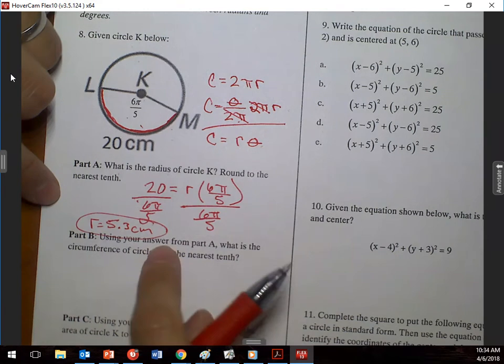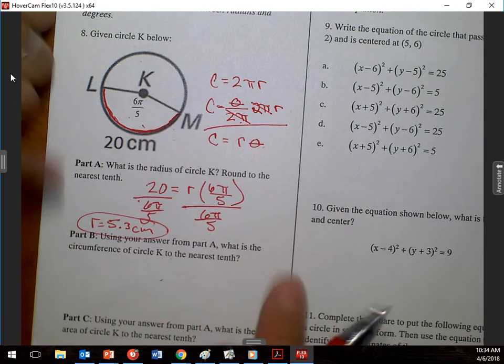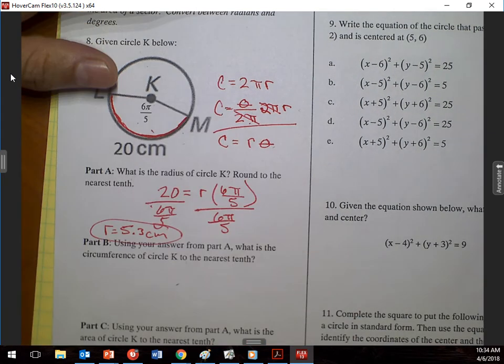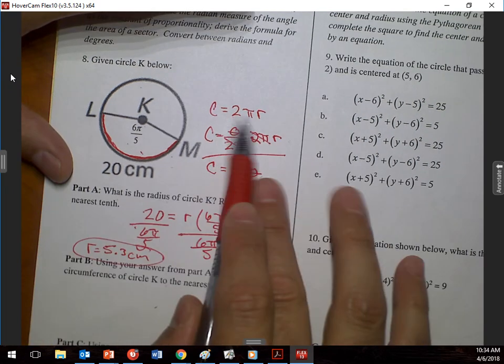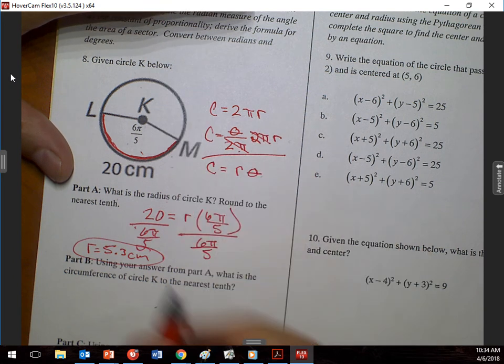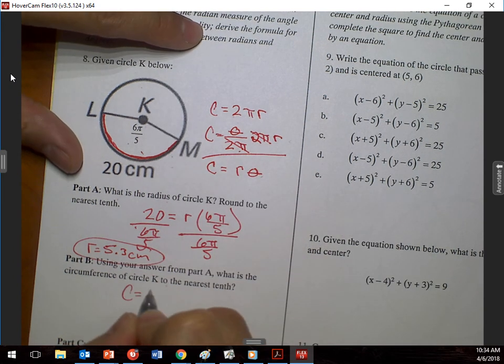Using your answer from part A, what is the circumference of circle K? So now, the whole circumference. If I use this right here, this is the whole circumference of the whole circle. C is equal to 2 pi, what's my radius? 5.3.